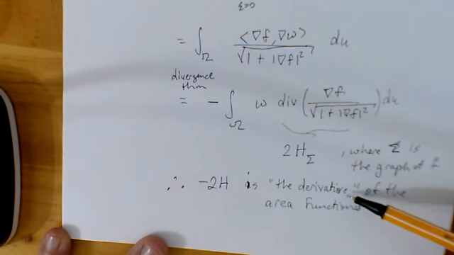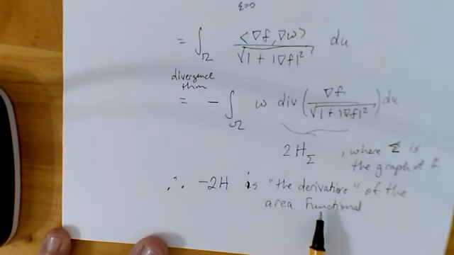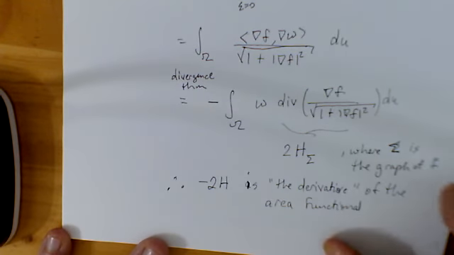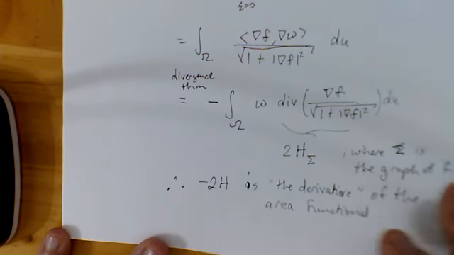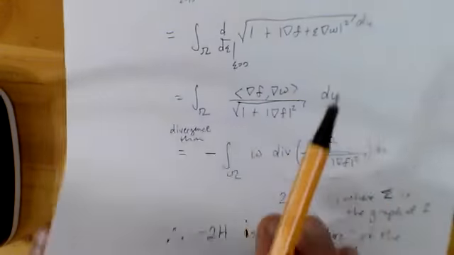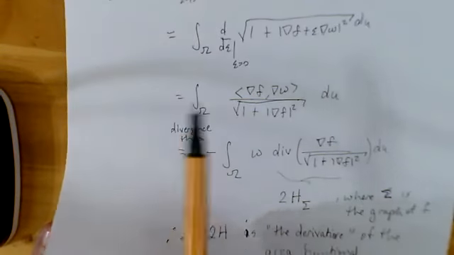The more formal way to say this is that minus twice the mean curvature is the first variation of the area functional. So this gives rise to the definition of a minimal surface. This is sort of an unfortunate notation.